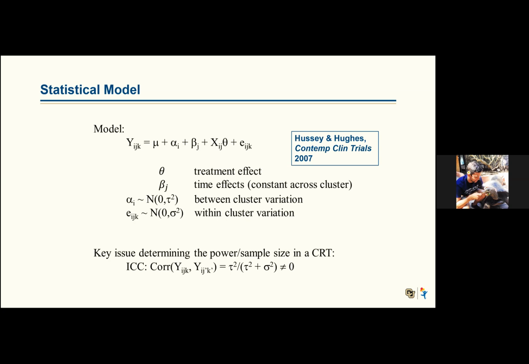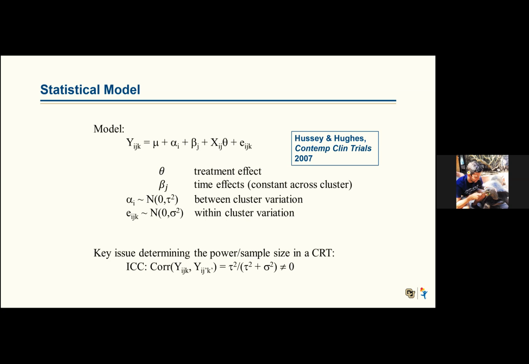And one of the key issues in determining the sample size in a cluster randomized trial is what we call the interclass correlation, and that's the correlations of individuals within a cluster.